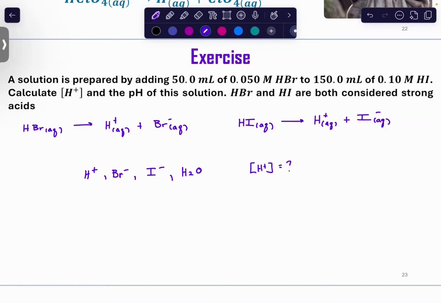So let's find out how many moles of hydrobromic acid we have. 0.05 liters.